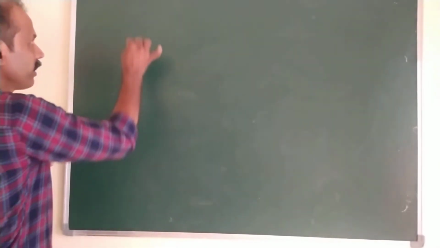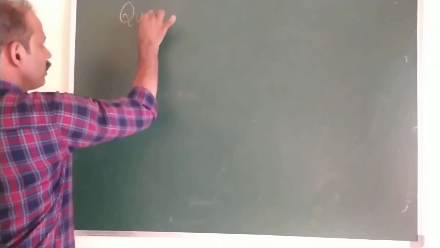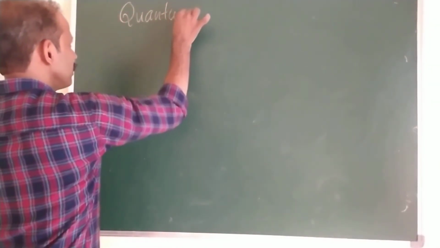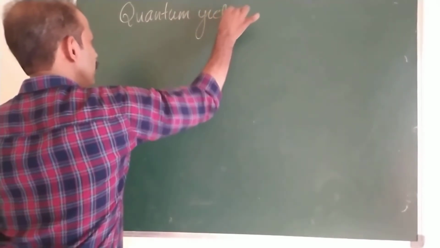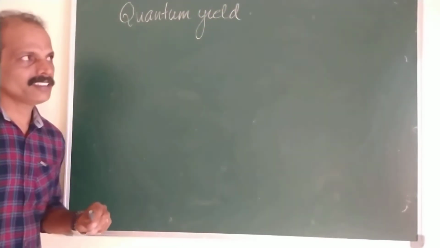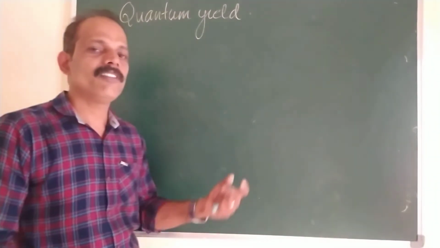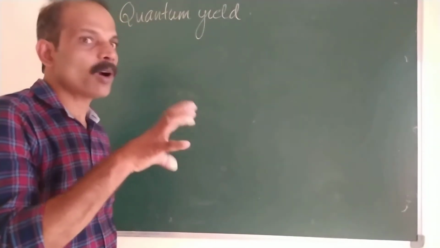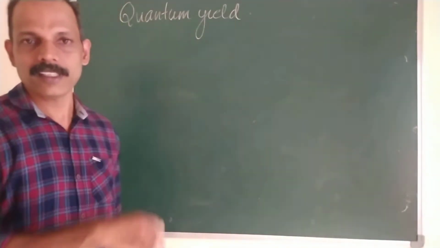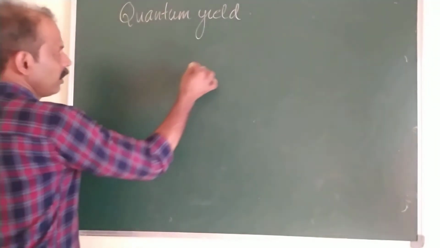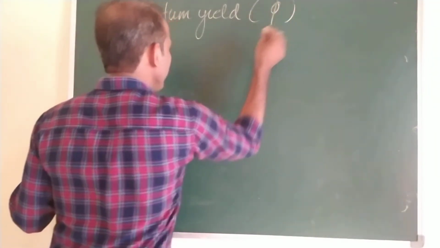Then another point we are discussing here is quantum yield. That is the total product obtained when a definite amount of quanta is absorbed by an absorbing system. Quantum yield is represented by phi.